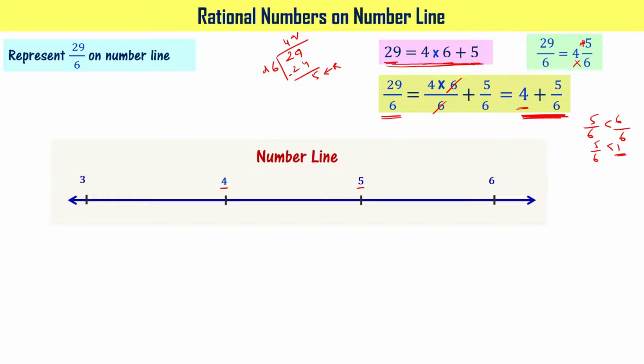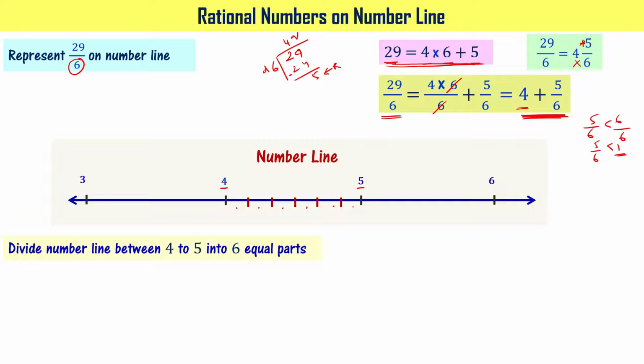Now, since the denominator is 6, we are going to divide the number line between 4 and 5 into 6 equal parts. Let's do that. This is 1, 2, 3, 4, 5, 6. We have made the number line between 4 and 5 into 6 equal parts, right?